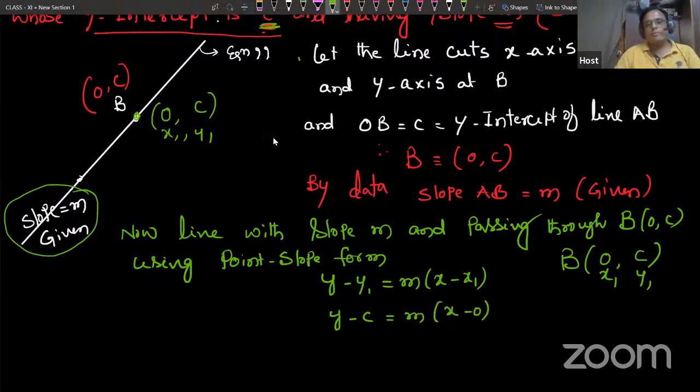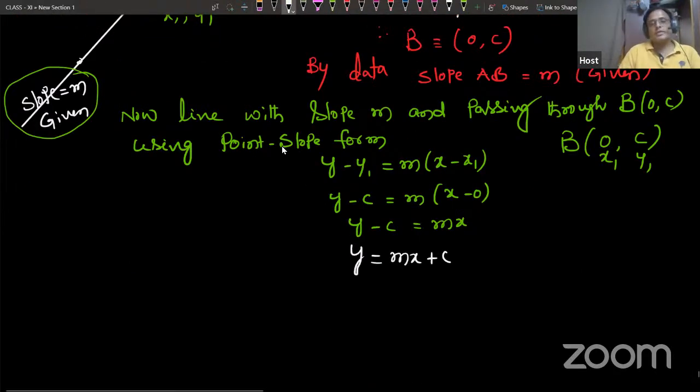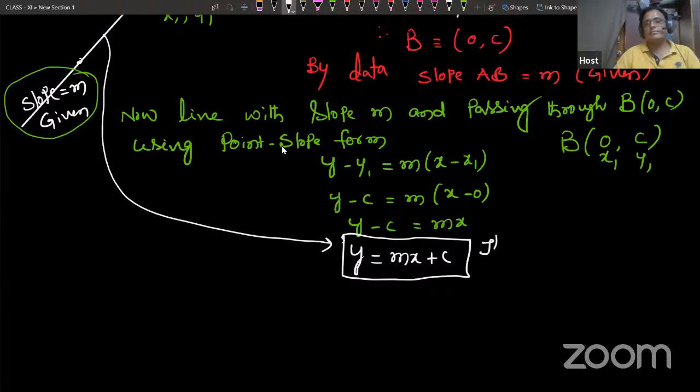Therefore, y minus c is equal to mx, and finally the required equation is y is equal to mx plus c. This is the equation of the required line.